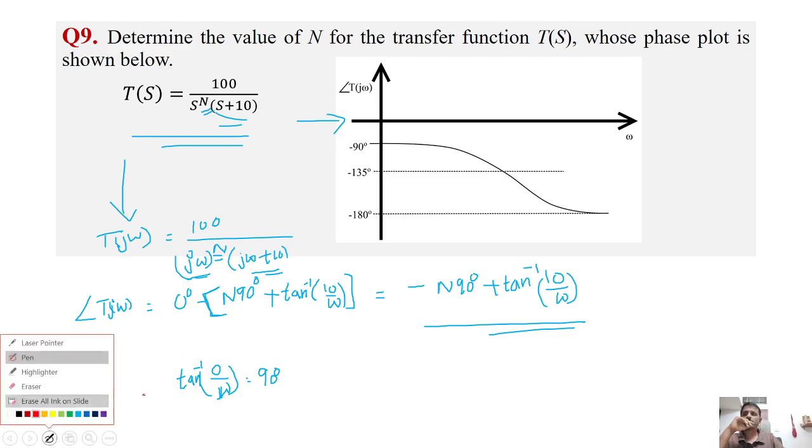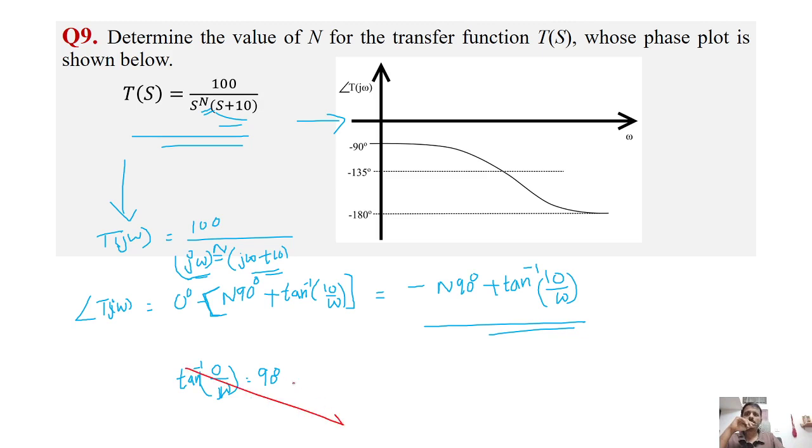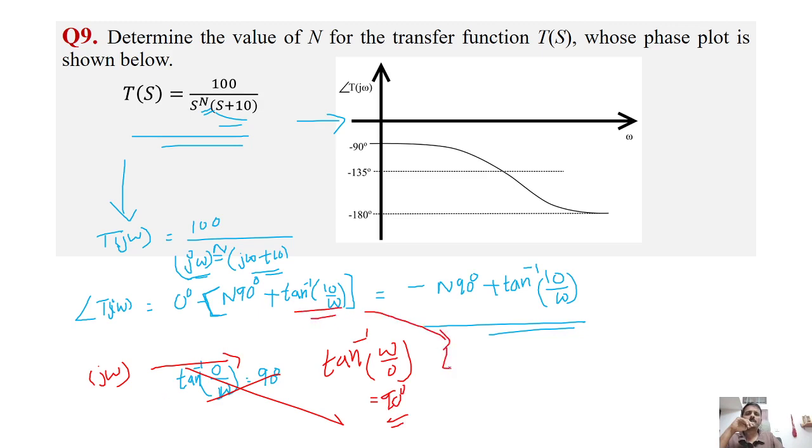It is not tan inverse of real by imaginary, it is tan inverse of imaginary term by real term. I am really sorry. So the angle of j omega is tan inverse of omega by 0, which is 90 degrees. Similarly here also I made a mistake. The angle due to this term is tan inverse of omega by 10. I will clear and write once more.